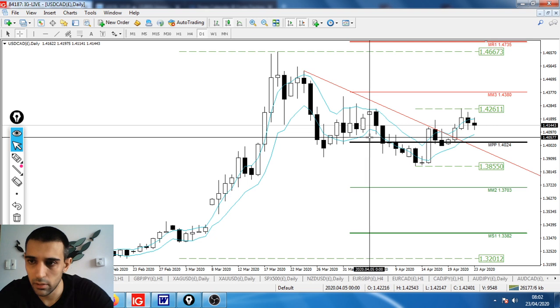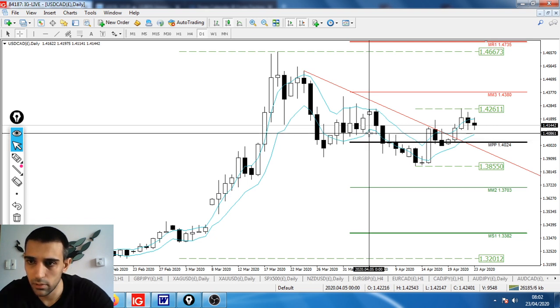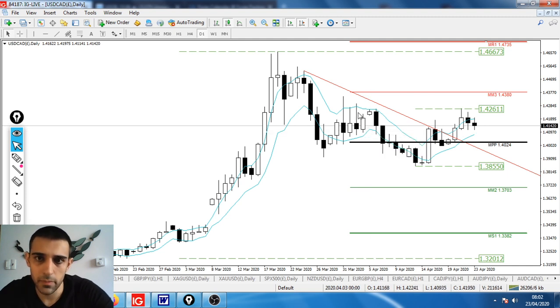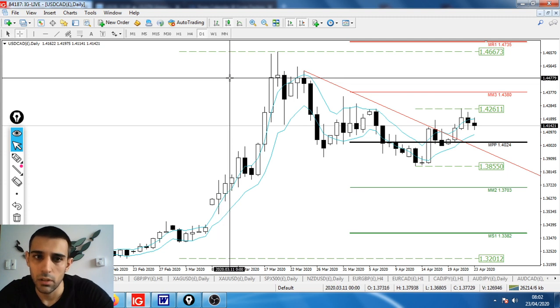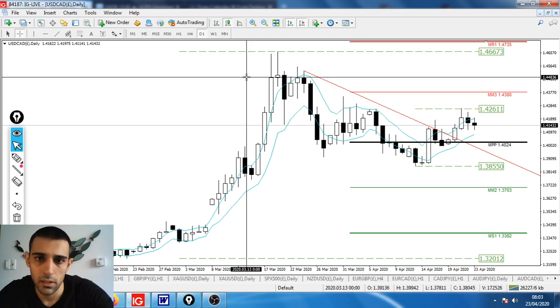Let's see how it is in here. On this one, about 40 pips stop loss, and for the potential, I'm going to run it to 145. This one has been tested.